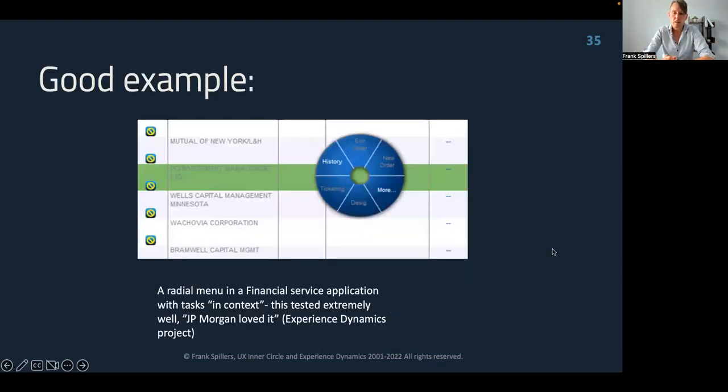This is an example of a novel UI that we use at Experience Dynamics, and it's a pie menu. It's a radial menu. This is a wireframe, so it's kind of rough here, but we tested, and it tested really well. It tested really well in many banks' financial services applications.